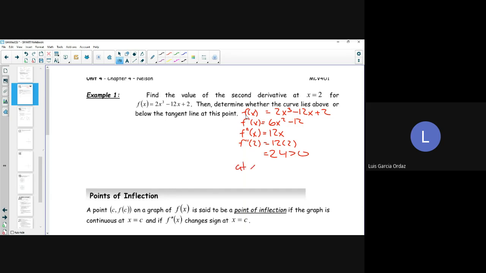So at x is equal to 2, f of x is concave up, which means f of x is above the tangent line at x is equal to 2. Which means if I have my graph, at x is equal to 2, my graph is going to go in an upwards motion.